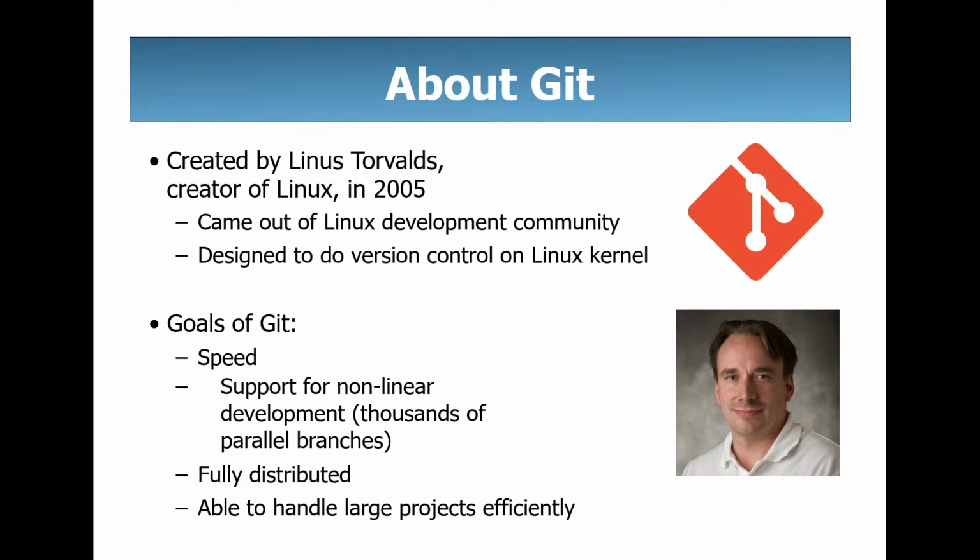Local repositories. Each developer has a complete copy of the repository, including its history and branches. This means that you can work offline and still have full access to the project's history and capabilities.